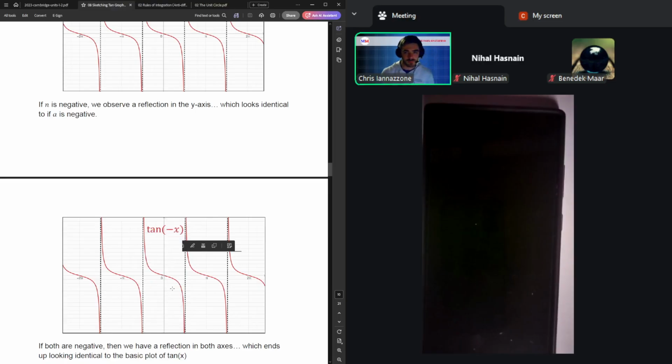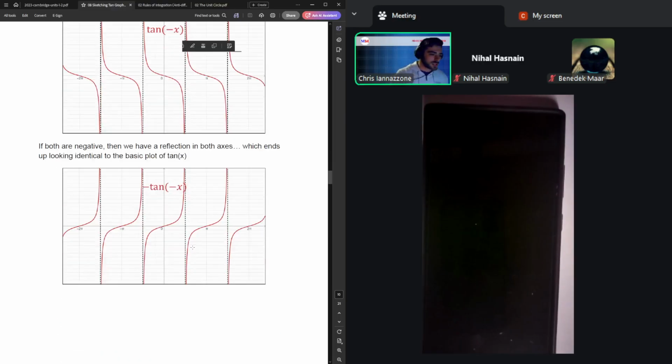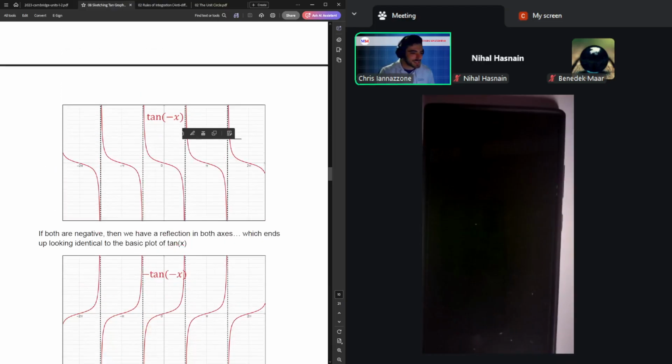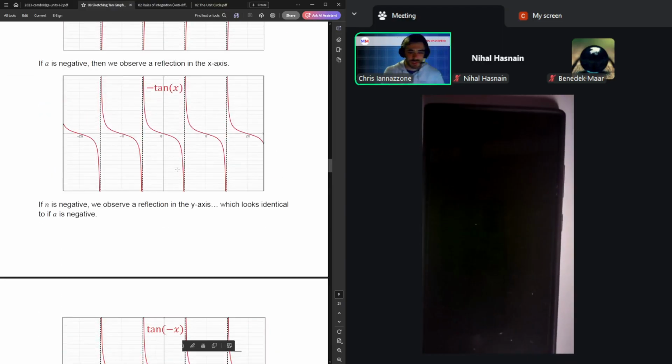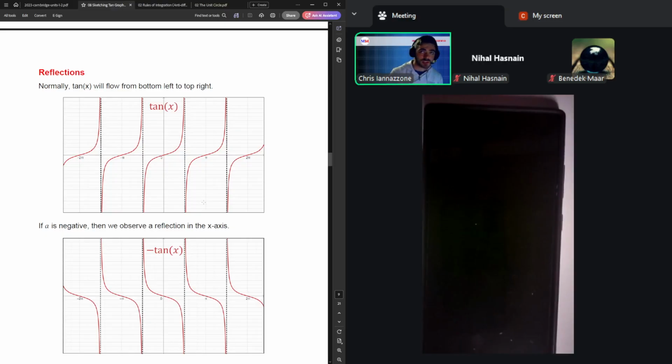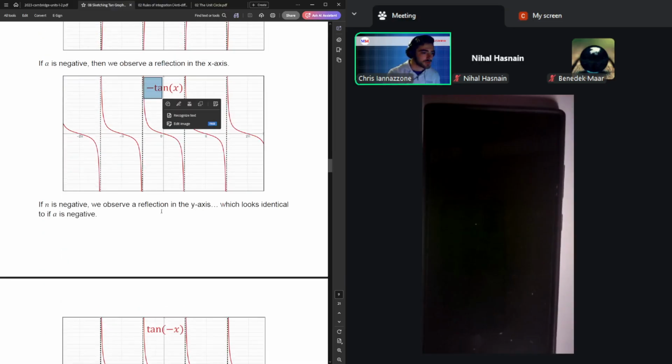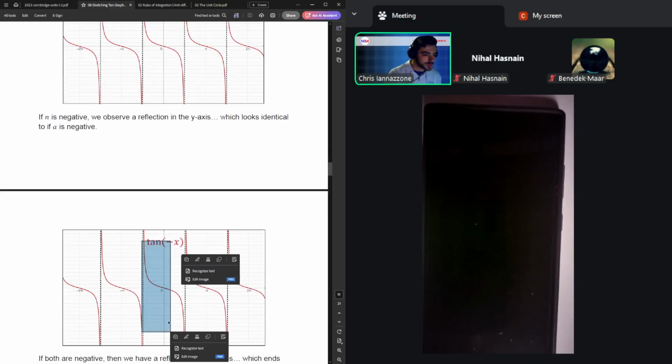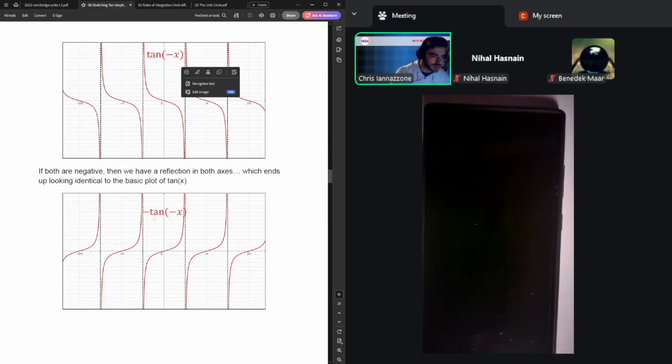The cubic also does this. And so it follows that if both are negative, then you actually just get right back to where you started. So when it comes to identifying whether you're starting bottom left or starting top left, it's just going to be a matter of where the reflection term is and how many of them there are. So if you have no reflection terms, it'll be basic. If you have one reflection term, it'll go from top left down to bottom right. If you have both, that's the same as having none.